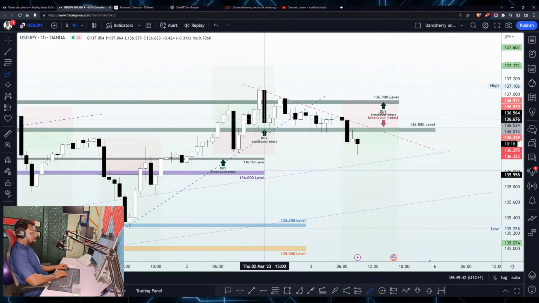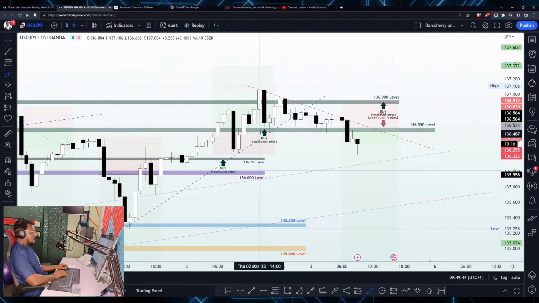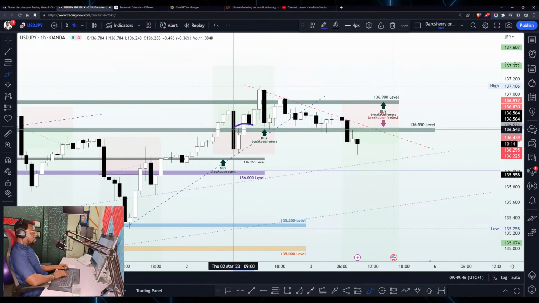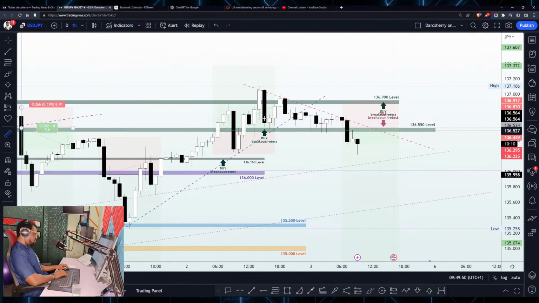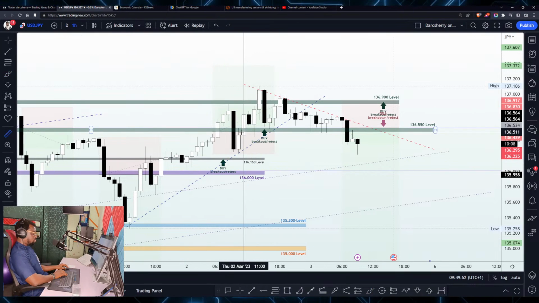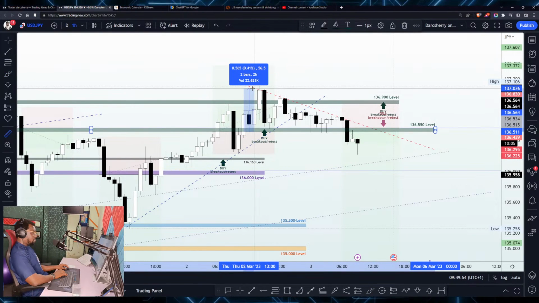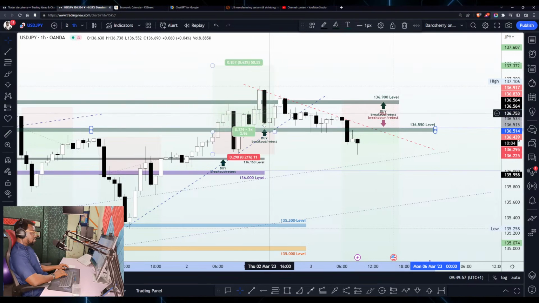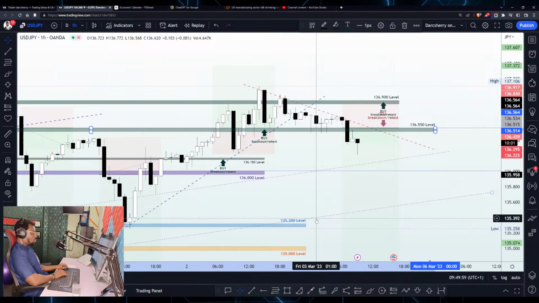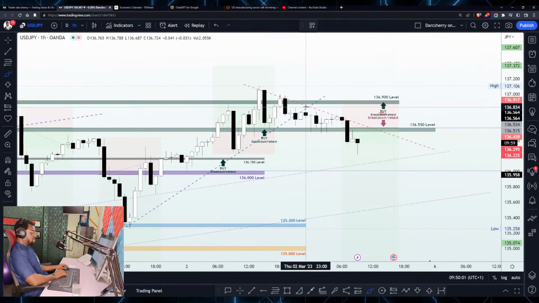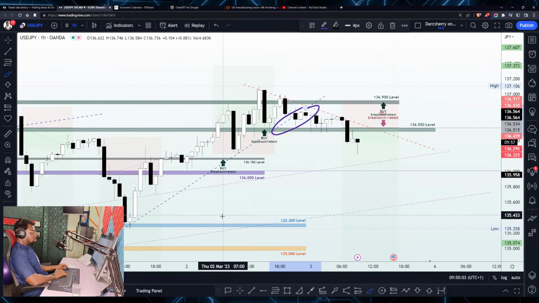So we said as long as price remains above this bullish trend line and price triggers above the 136.550, we want to have a buy position running there. And in fact, we had a buy stop triggered. Price action moved about 50 to 60 pips in our direction before we started seeing the sell momentum that finally did a breakdown of that bullish trend line.